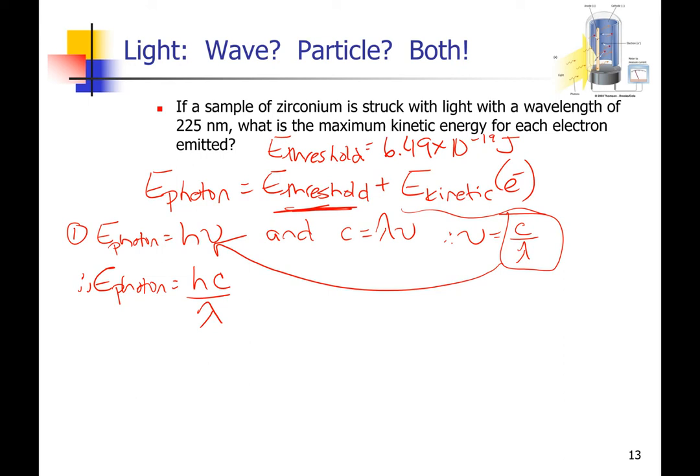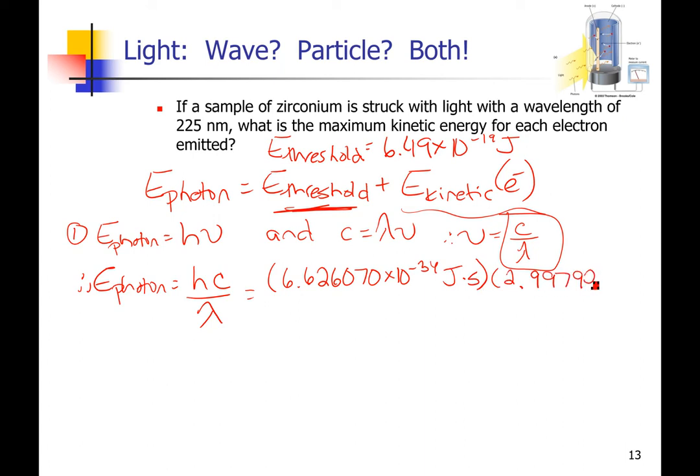I then plug in my values, so I have 6.626070 times 10 to the minus 34, and this time around joules times second is going to be more convenient, times 2.997925 times 10 to the 8 meters per second, all divided by 225 nanometers. My seconds cancel.